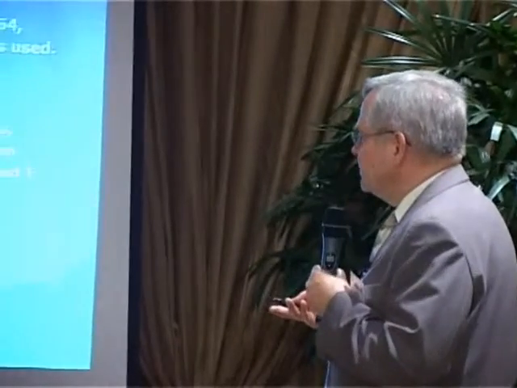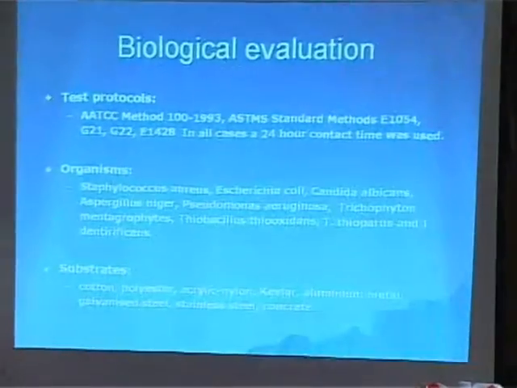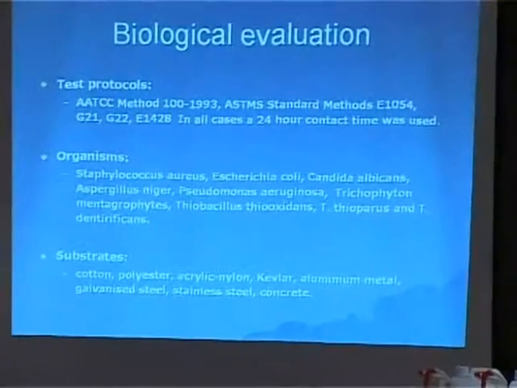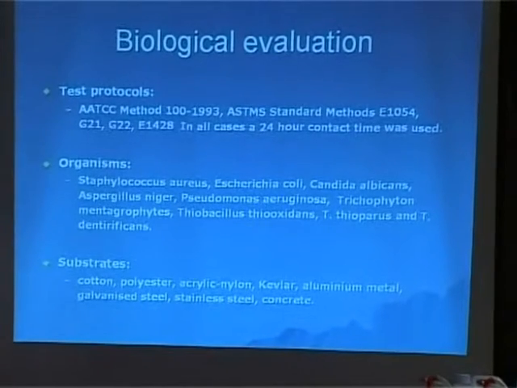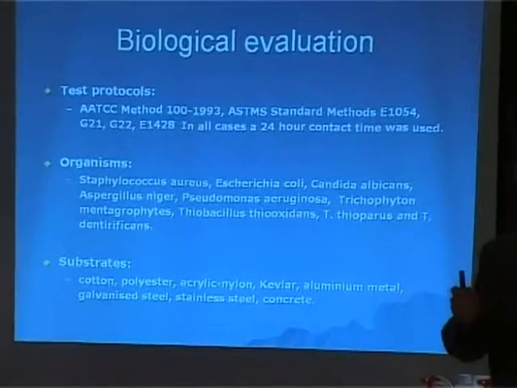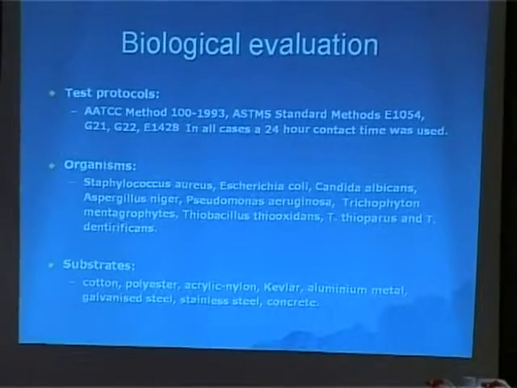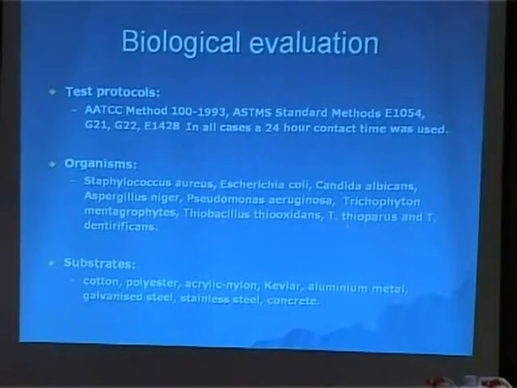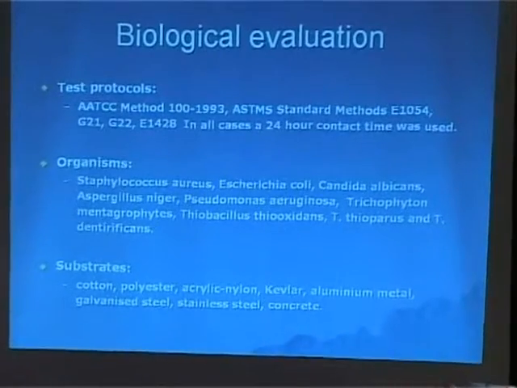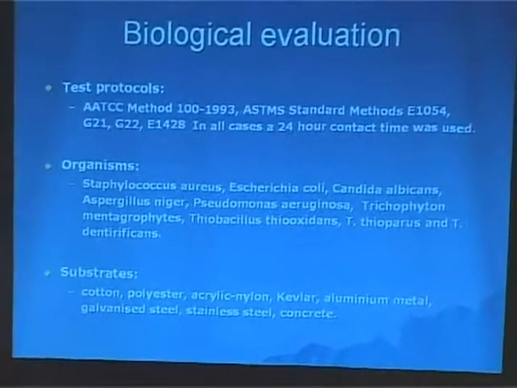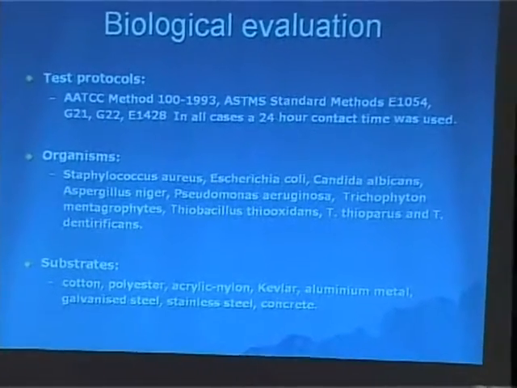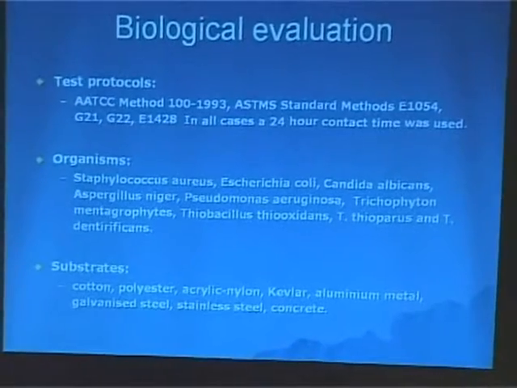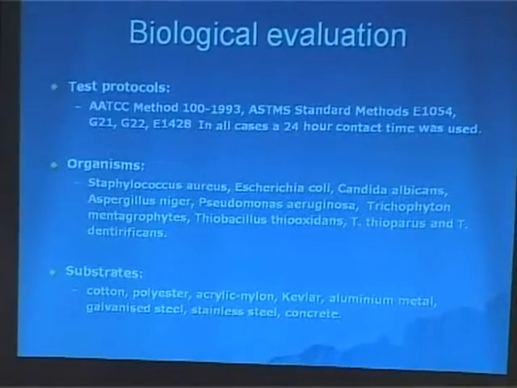Okay, the standards that you would expect, you know, the Staph aureus, the Aspergillus niger, you would expect those. Pseudomonas featured prominently because we knew that Pseudomonas was one of the more difficult ones. Pseudomonas, incidentally, you find in a lot of bottles of detergent. It actually eats the detergent. This is the one I'm particularly interested in, the Thiobacillus group, because these are the things that cause degradation of engineering systems. These are the things that cause the sulfate reduction, production of acids in oil pipelines and in central heating systems.